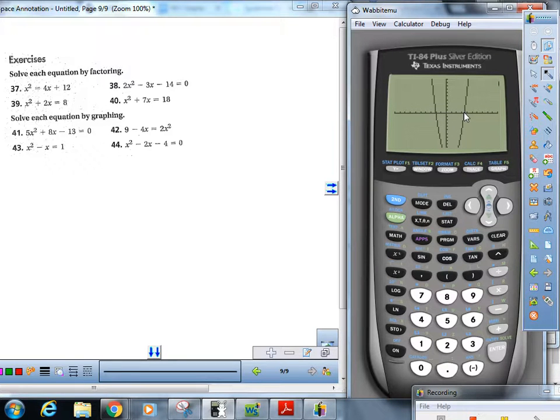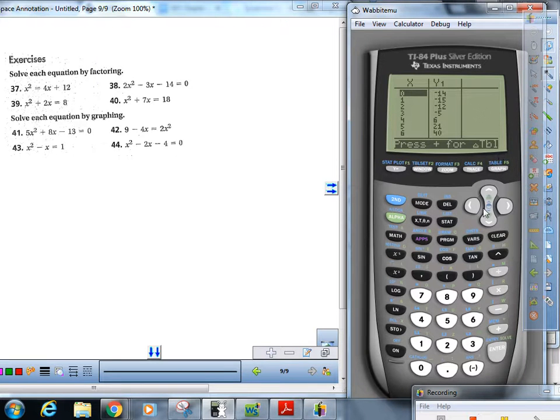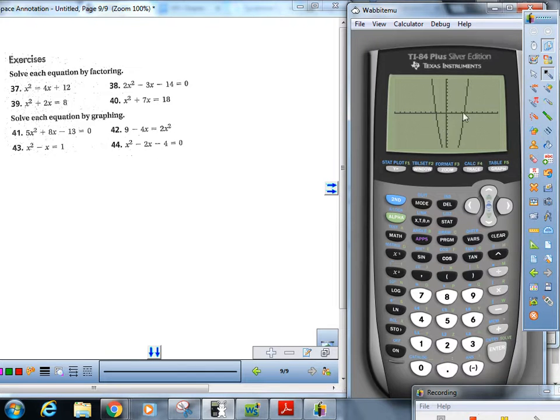Okay? Well, I might be able to go to my table and figure it out. Again, America, wherever you want. You can do this however you want. So one of your answers is negative 2. You see it there? Let me go back to the graph. That makes sense. The other answer is over here somewhere.